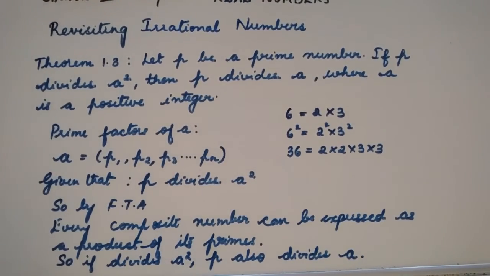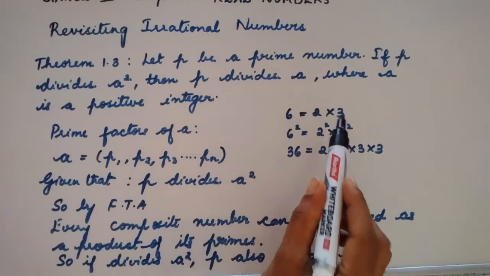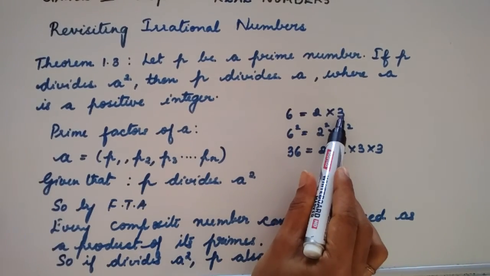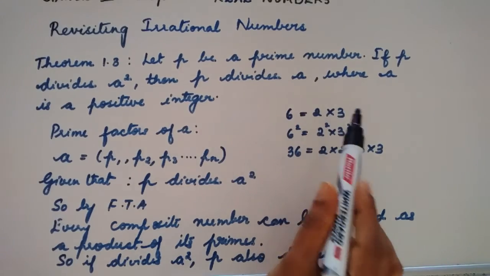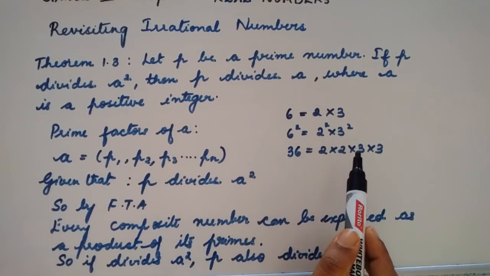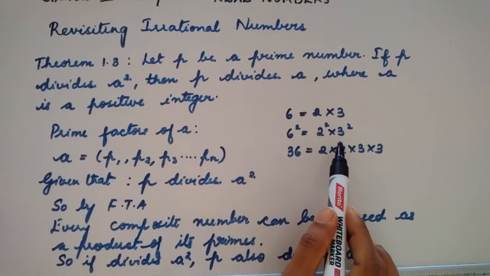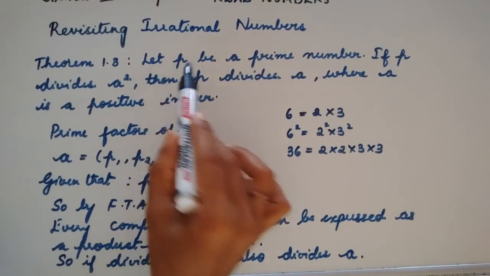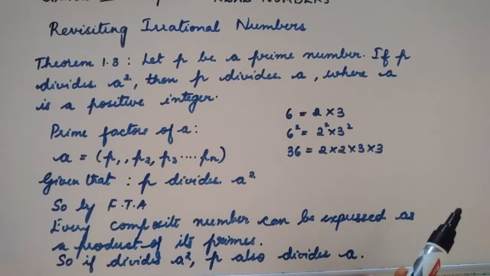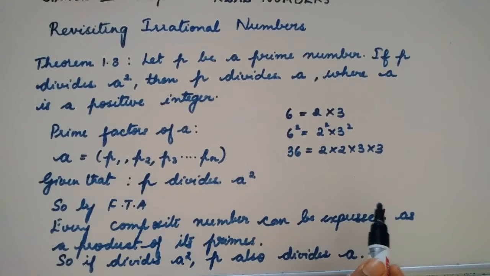Which means that 3 is a prime number, and also it is a prime factor. p is a prime number and also it is a prime factor.